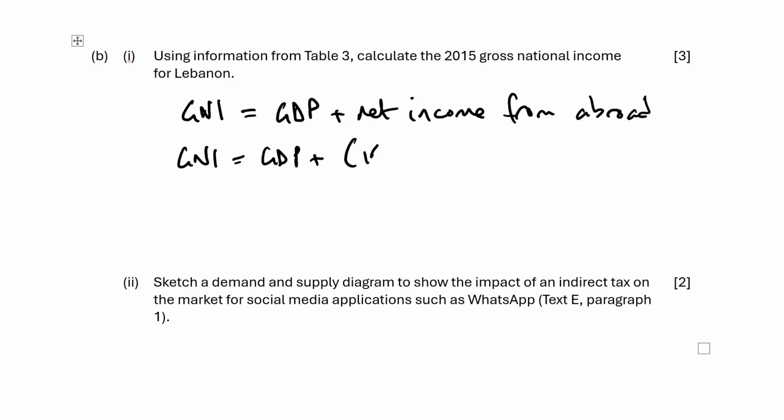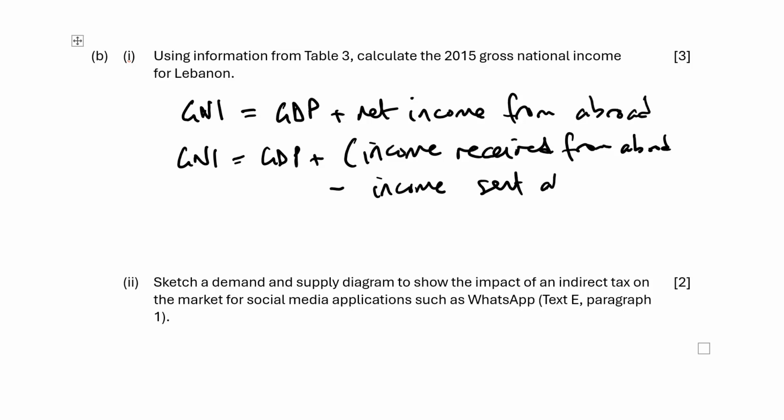So we go income received from abroad, minus income sent abroad. Okay, and then the final line is we just got to fill in the blanks.